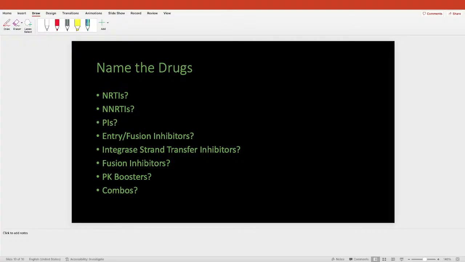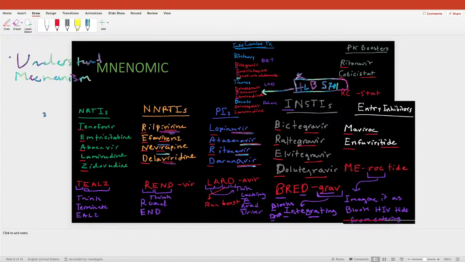Fusion inhibitors, especially PK boosters, combos, just look through that. I think the PK booster is the one I was talking about, ritonavir being a PK booster, but you can also see it as a protease inhibitor as well. So it plays a role in both parts. So do not get confused between that on the exam.